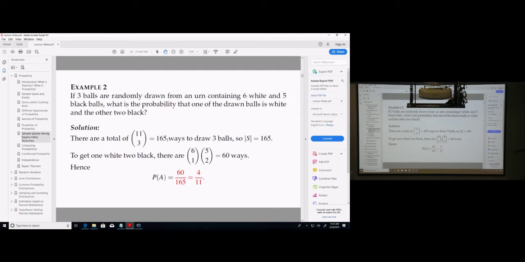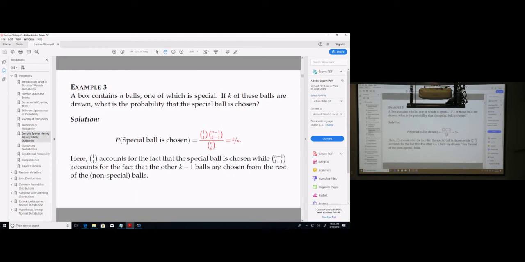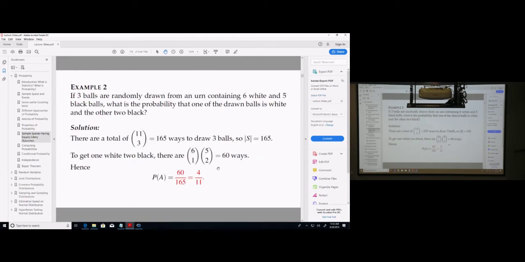So there is this number of ways of doing it. Since I want 2 black, the black have to come from the 5 black, and the remaining white has to come from the 6 white. So it's 6 choose 1 times 5 choose 2, which is 60 ways, and this is 4 out of 11. So I think I would stop here, and we'll continue on Friday.